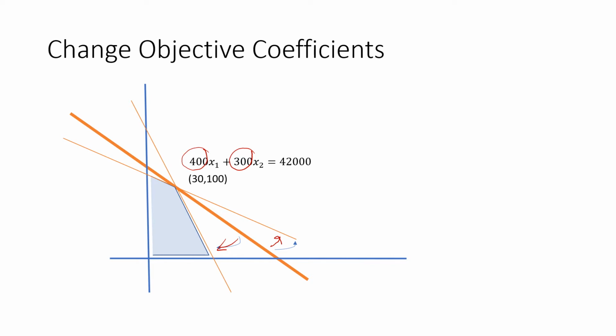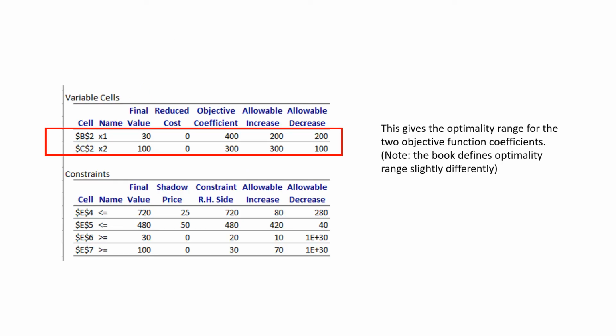So what this means is small changes to your objective coefficients don't change the point of your optimum. But again, what do I mean by small changes? How can we figure out small changes? Well, it's using the idea that you don't want to pivot your line past where it's parallel with a binding constraint. And again, the Excel solver gives us those values.